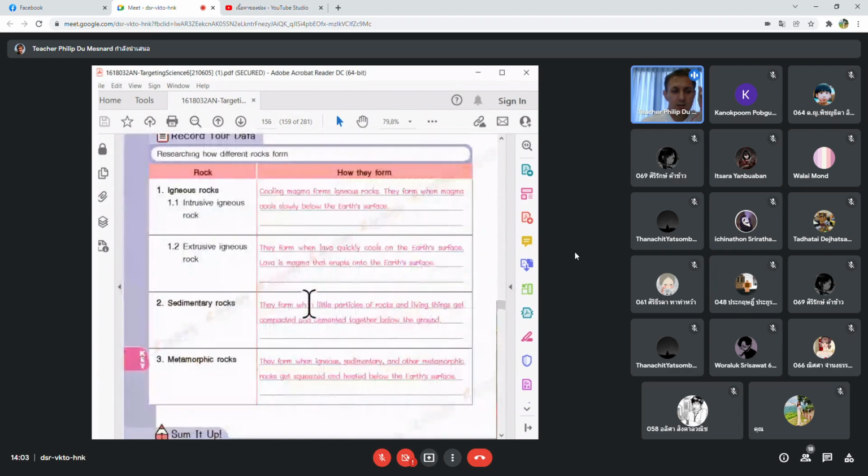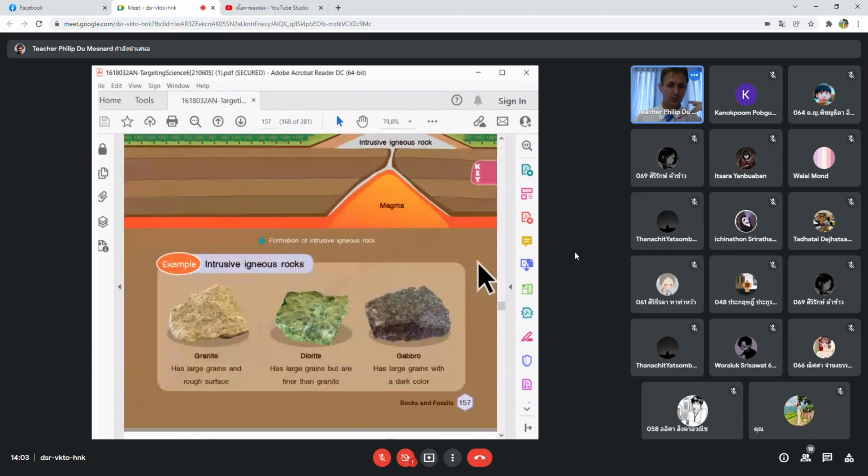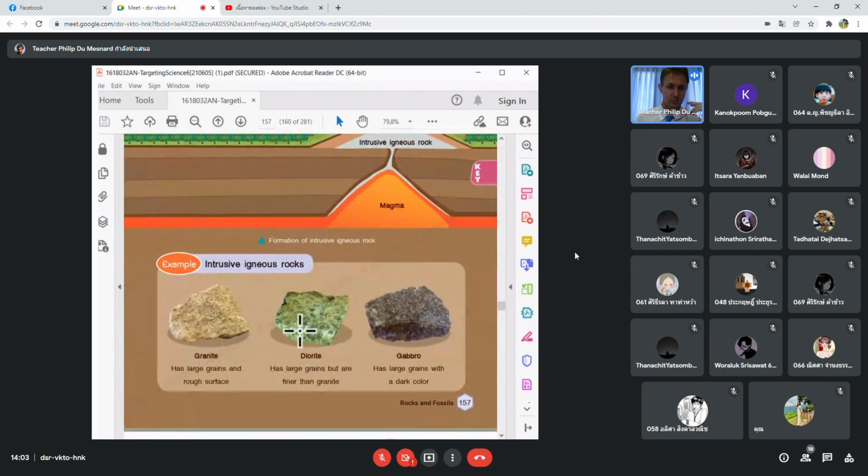Okay, if I ask which rock has the big crystals? Then let's see here. So this is the magma rocks, and actually it's this one. It has large grains. Large grains also means big crystals.